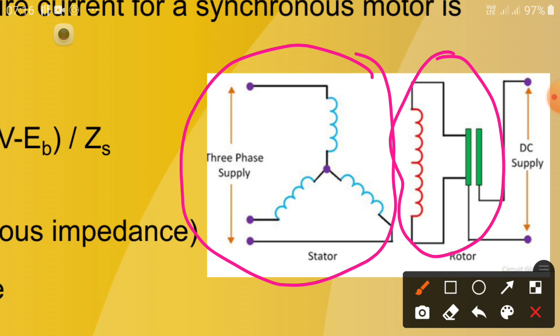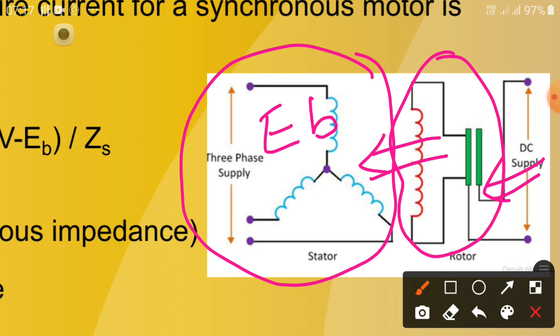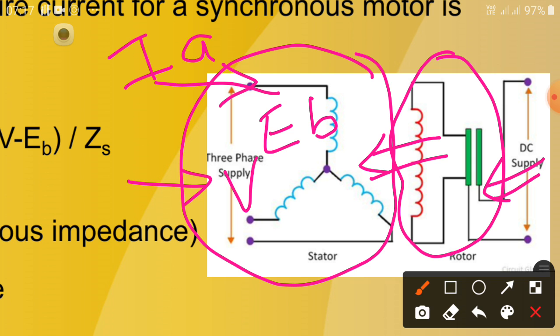Now here EB, the back EMF, is generated in the stator due to the rotor DC supply. The applied voltage is V and the current drawn from the armature is IA.